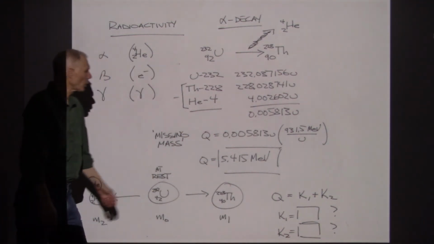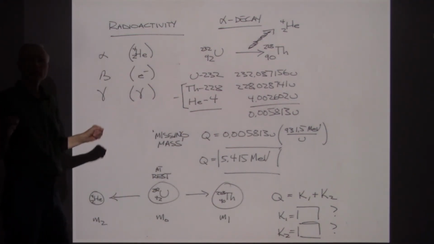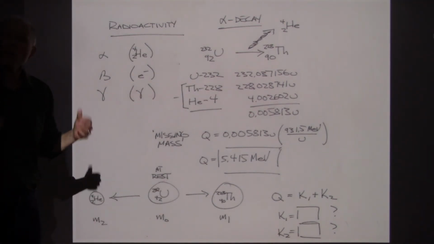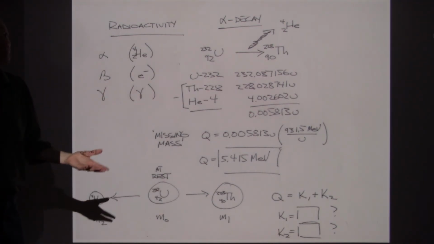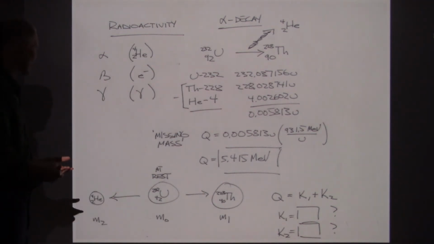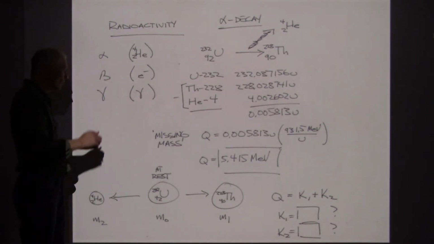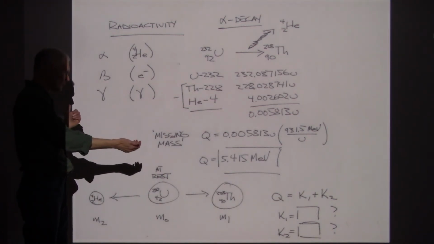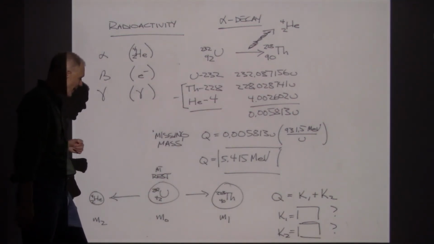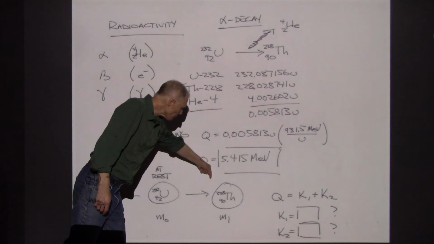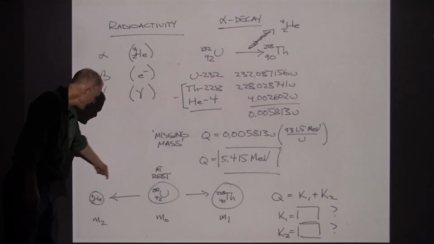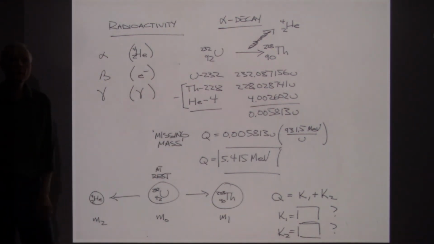Is there a way we could determine how the energy gets divided up? Now what we know from the last several weeks of the course is that in a reaction like this, momentum has to be conserved. That says that whatever momentum the thorium picks up, the helium has to pick up an equal amount of momentum.